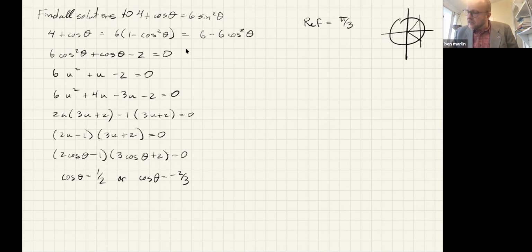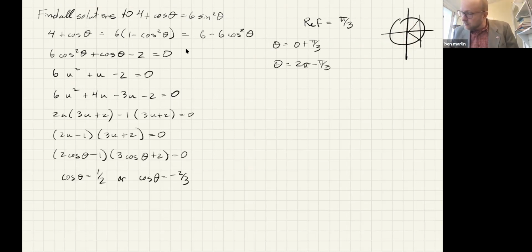So that means either your theta is 0 plus pi over 3, or your theta is 2 pi minus pi over 3, okay? That's just the positioning: if you wanted the smaller angle, you would go from 0 up to there. If you want the larger angle, you would go most of a rotation, but you'd have to back off by that pi over 3, okay?